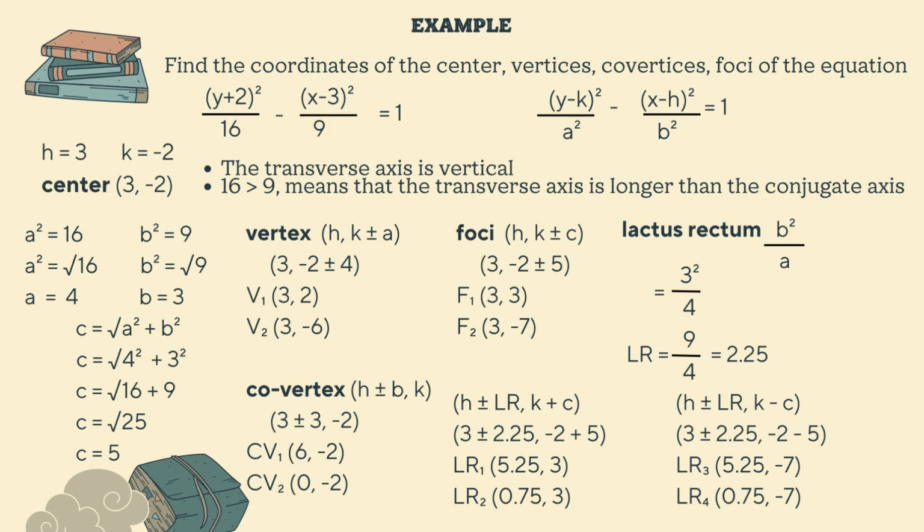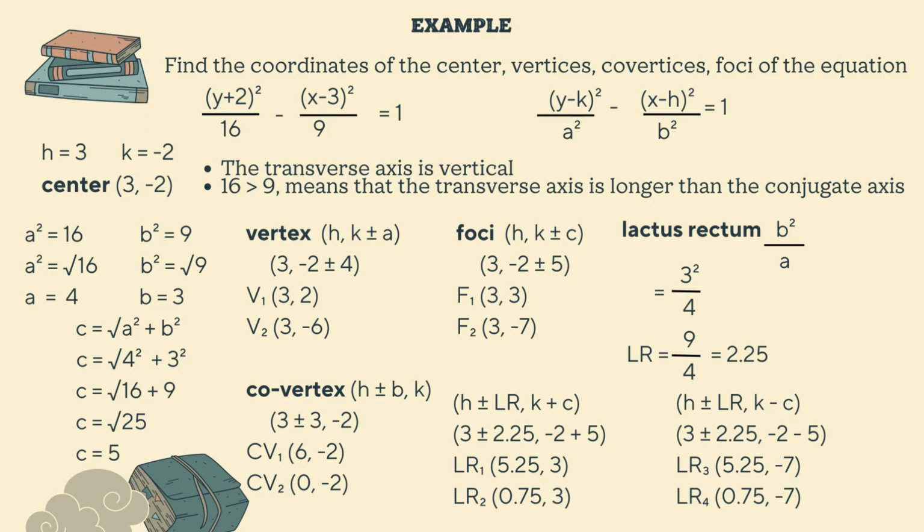For c, we will use the formula, the square root of a squared plus b squared. So a squared is 4 squared, and b squared is 3 squared. So 4 squared is 16, 3 squared is 9. So the square root of 16 plus 9 is the square root of 25. The square root of 25 is 5. So that is our value for c.